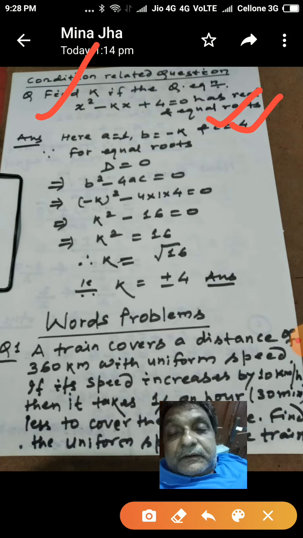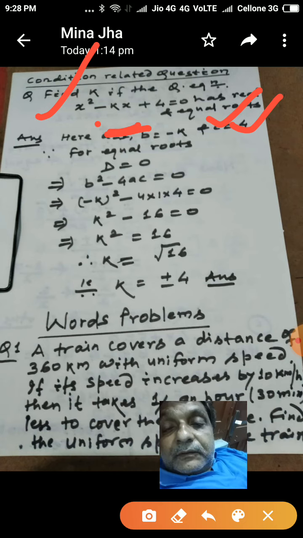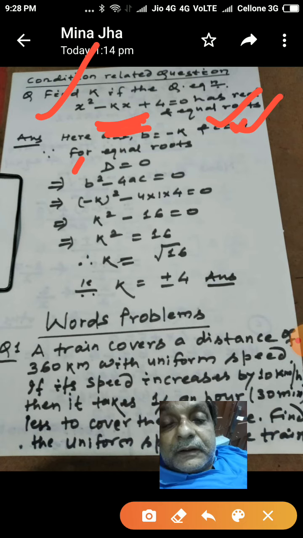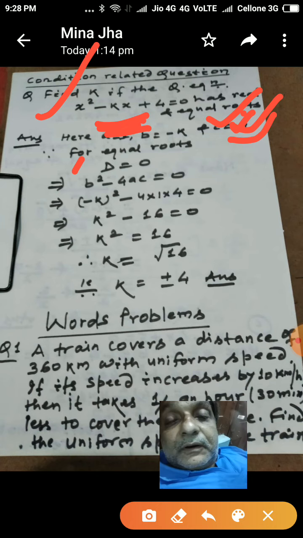In this question it is said that you have to find this k, when it is mentioned that the equation is already having real and equal roots. So we will use the condition for real and equal roots.